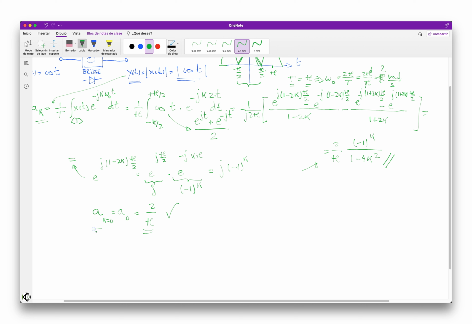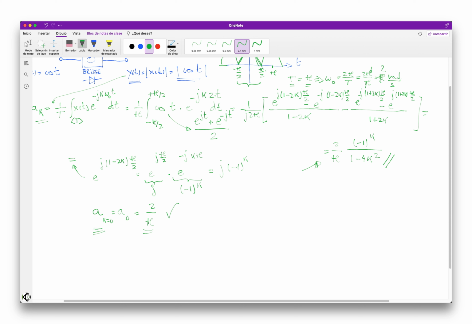Why do I do that? Because sometimes the general formula that you come up with by applying the definition of the integral doesn't work well, and you may get an indetermination or something strange. So it's a good exercise to try this.